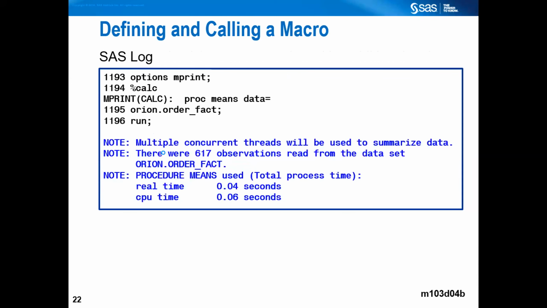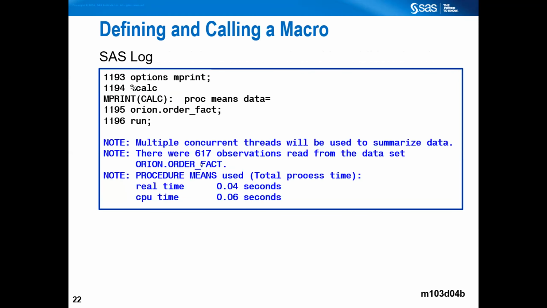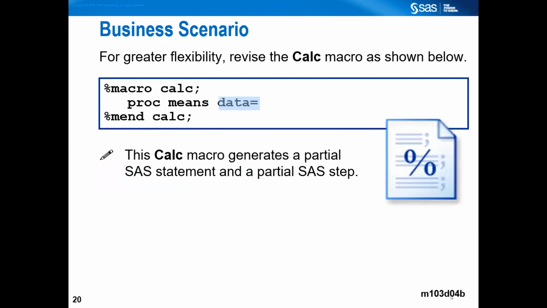So it's telling you to call the revised macro calc followed by additional code to complete your proc means statement and step, and thus it gets executed without any error. Okay, so you can try this demo D04B. Open this D04B.